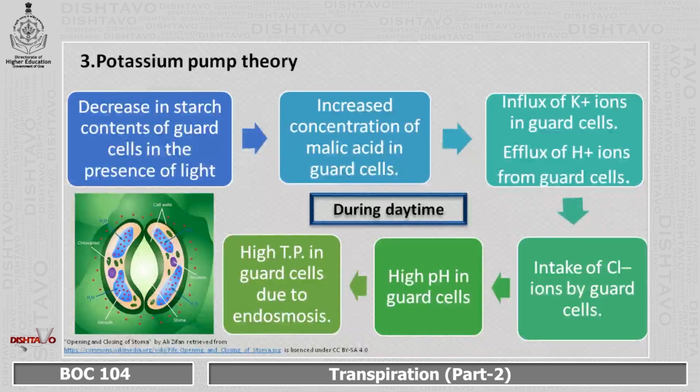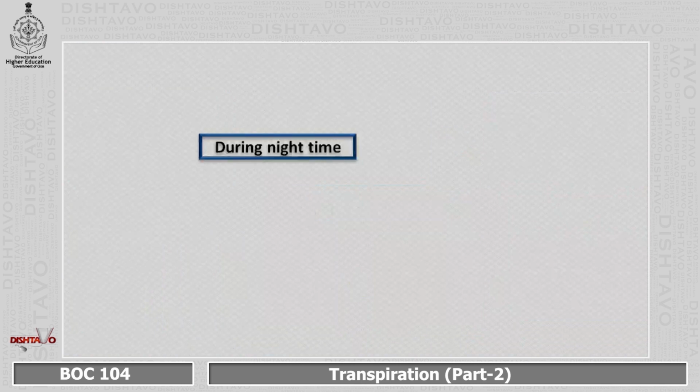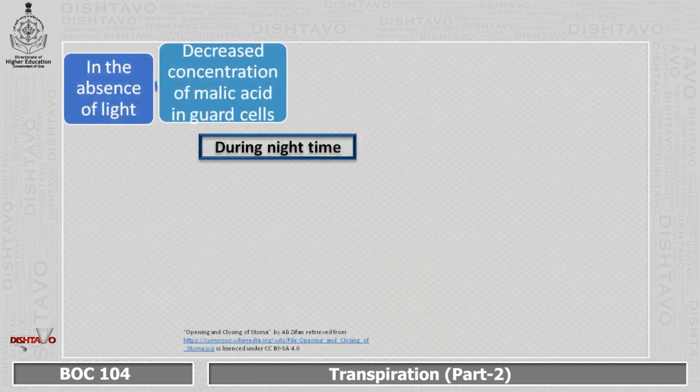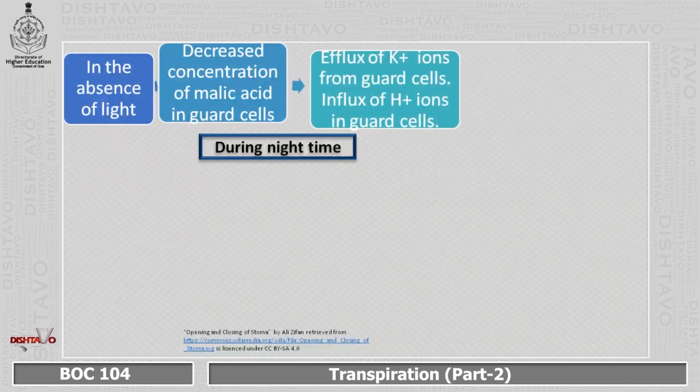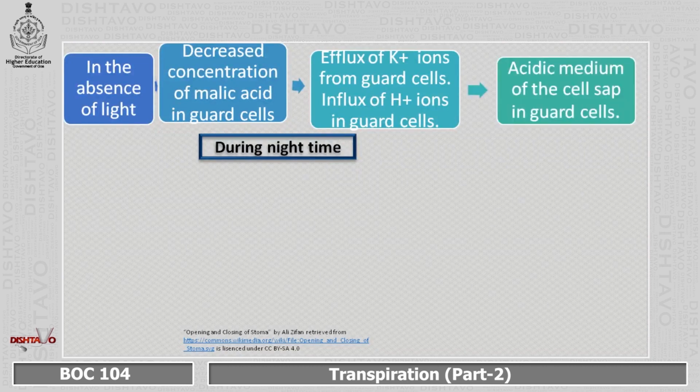Let us see what happens during the night time. During the night time, there is decreased concentration of malic acid in the guard cells. Thus, there is less concentration of hydrogen ions. This leads to the efflux of potassium ions from the guard cells and influx of the hydrogen ions in the guard cells. It leads to the acidic pH of the guard cells.